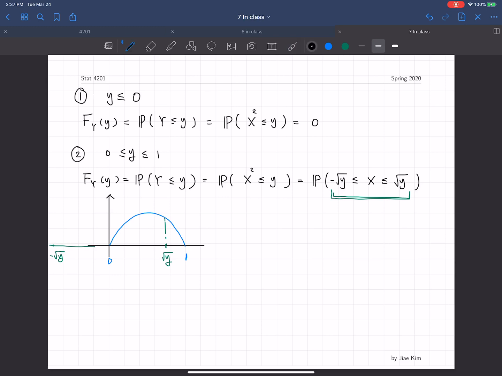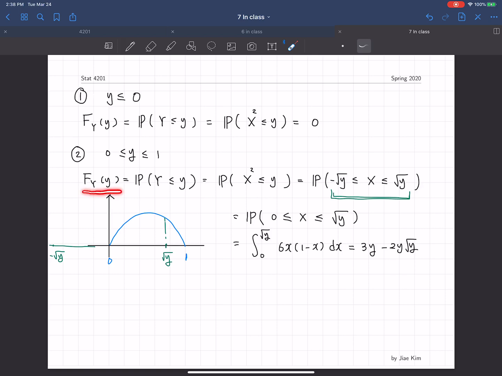So this probability is the same as the probability of X between 0 and positive square root of y, and we can get this through the integral, 0 to square root of y of the density function dx. I'm not going over the algebra, so this is 3y minus 2y square root of y. So what we obtained is the form of the CDF of Y as a function of y.